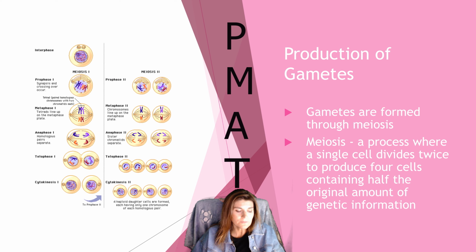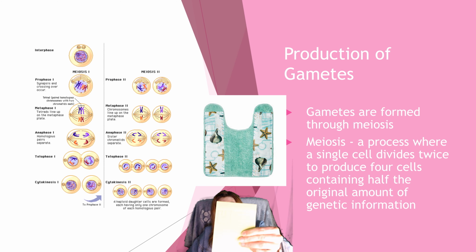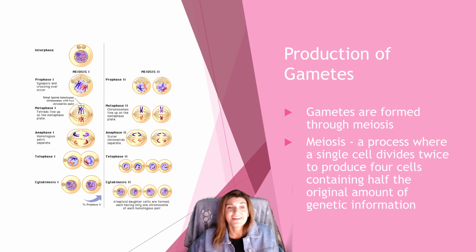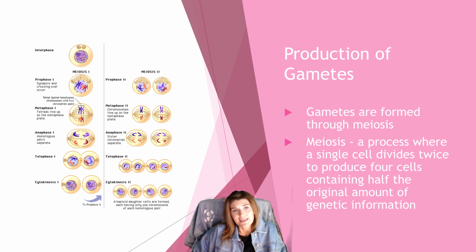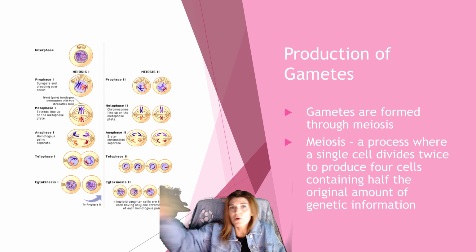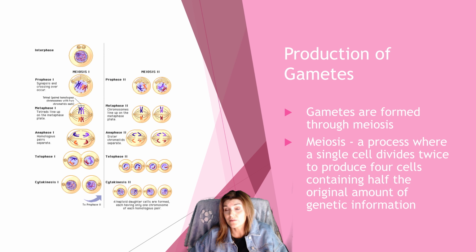It seemed to me like there used to be a lot of old grandmas that had this little rug around the toilet, and if you have boys in the household, I feel like that could be referred to as the PMAT. So it was kind of shaped like this. It went around the toilet. If you can remember that rug, then maybe you can remember the phases. It's weird, it works for my brain. Remember, the more tricks and tips you can throw in to memorize things, it will stick a little better.